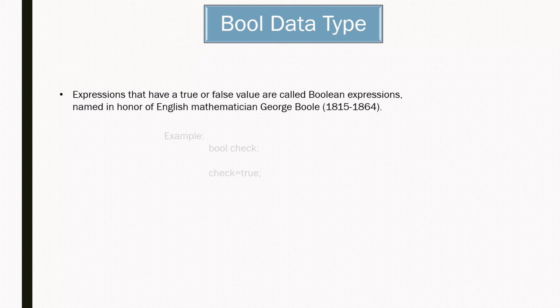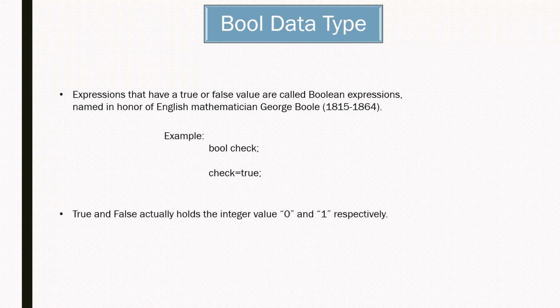The following example demonstrates the definition and assignment of a bool variable. The value true is represented in memory by the number 1 and false is represented by the number 0. You will be using this data type to evaluate conditions that are either true or false.